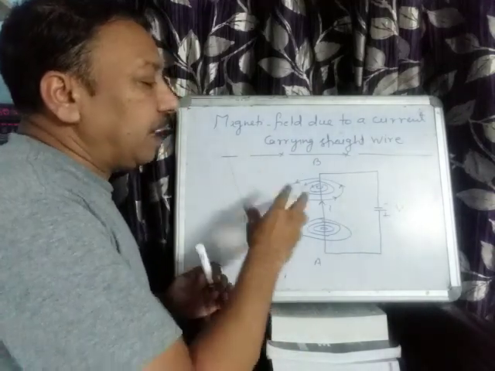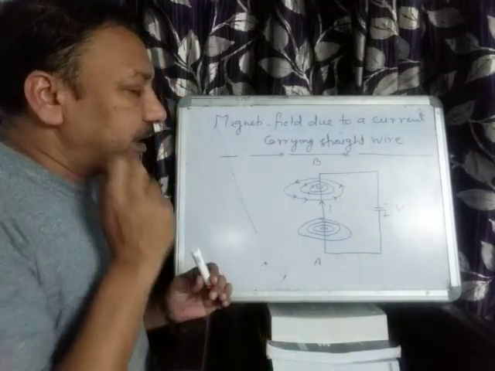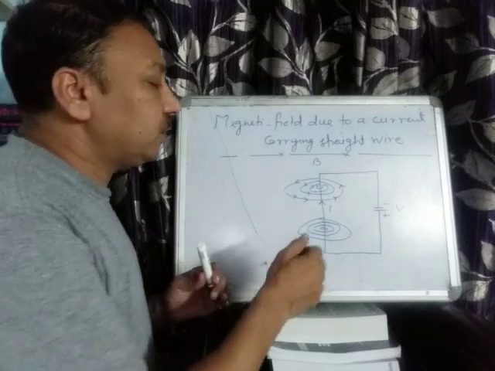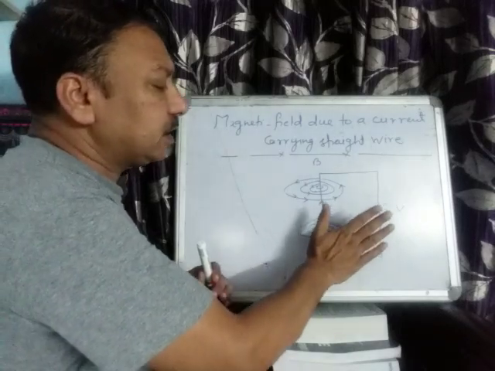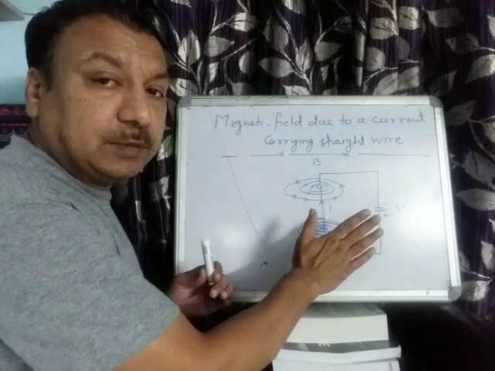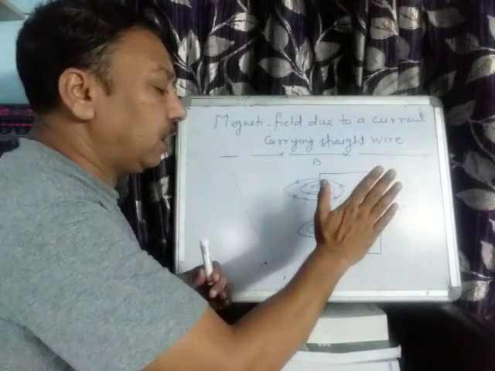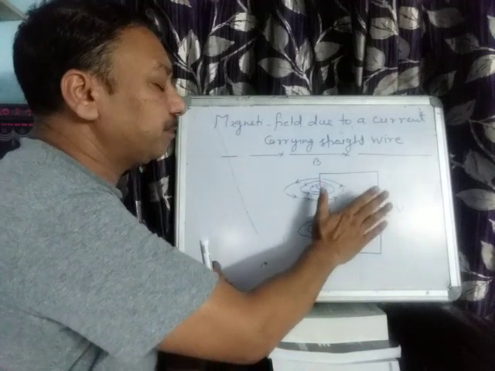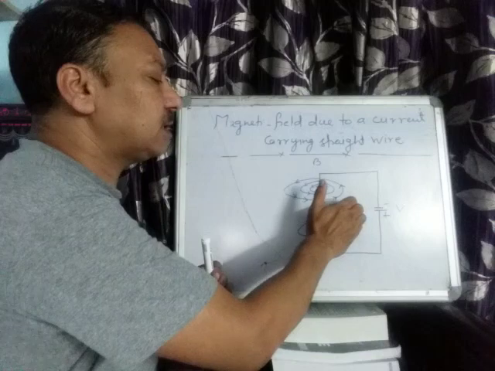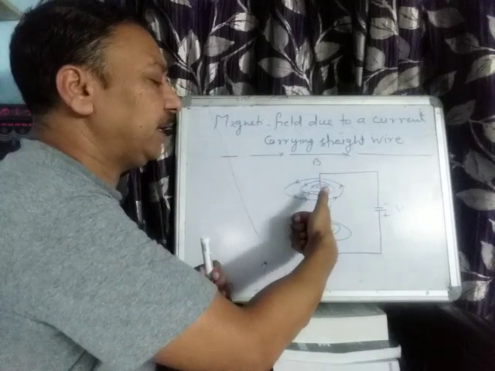Now I believe that it is behaving like a magnet, so I have to find out the direction of the magnetic field. For this situation, I am going to apply Maxwell's right hand thumb rule, in which I keep the right hand thumb along the direction of current, and the curved fingers give me the direction of the magnetic field.